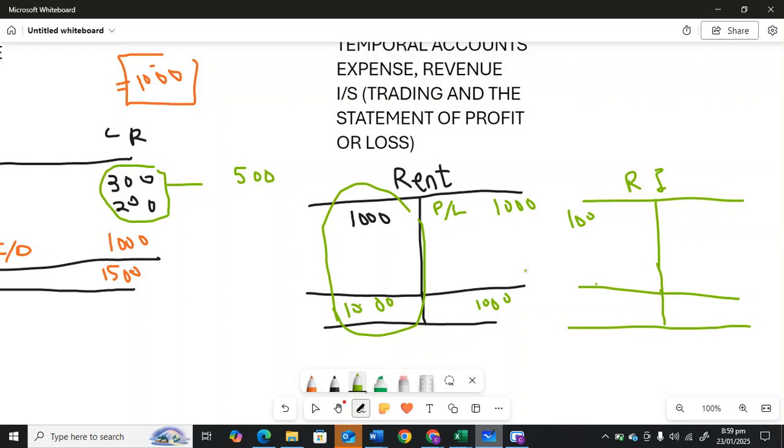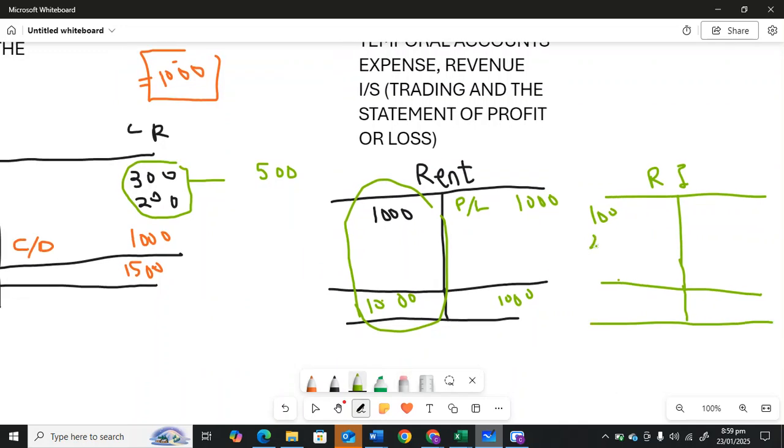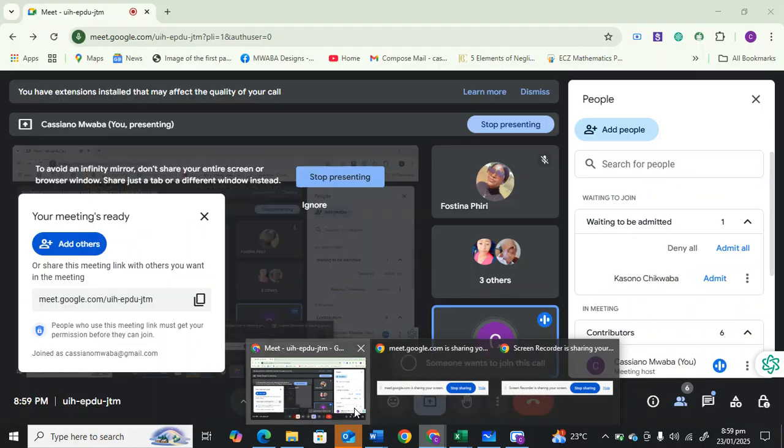So if we see 100, 200, and 300, where the amounts appear, that's the side automatically which you put on the trial balance. So here 100 plus 200 plus 300, that is 600.